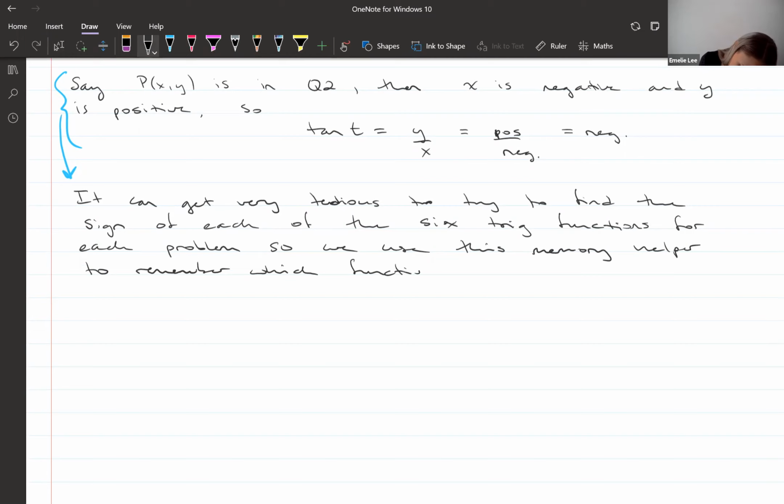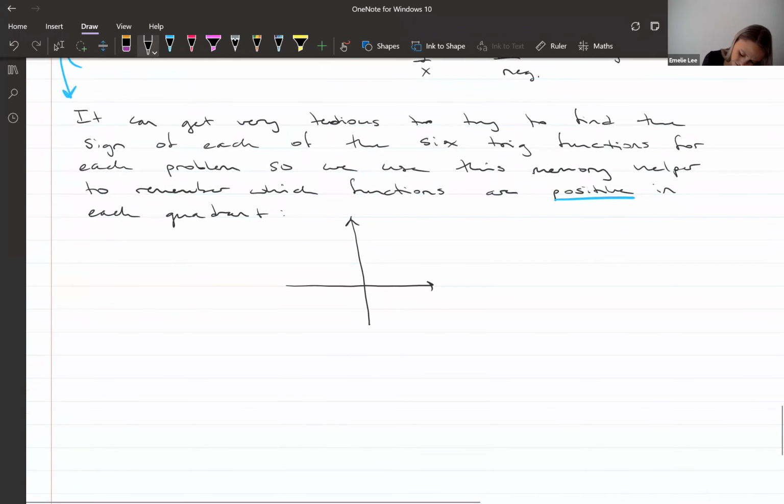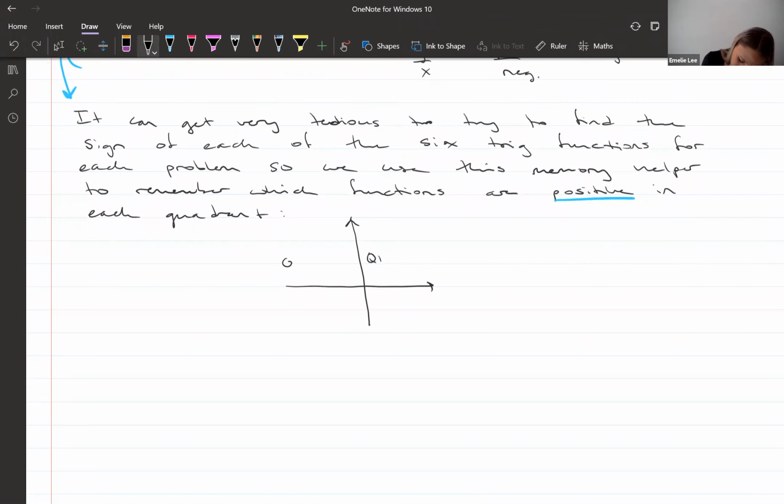To remember which functions are positive, okay, in each quadrant. So if we break up our quadrants here, right, we've got our Q1, our Q2, Q3, oops, made it down low a little bit, Q4.